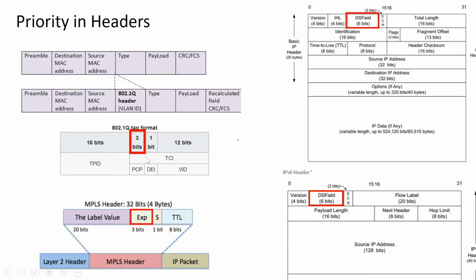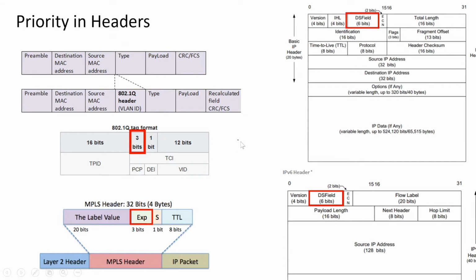And then there's a DEI bit, which is a discard eligibility indicator. Basically, if that's turned on, then this packet is eligible to be thrown away. It's considered yellow traffic. If it's off, then it's guaranteed to go through the network, to the best of our ability.